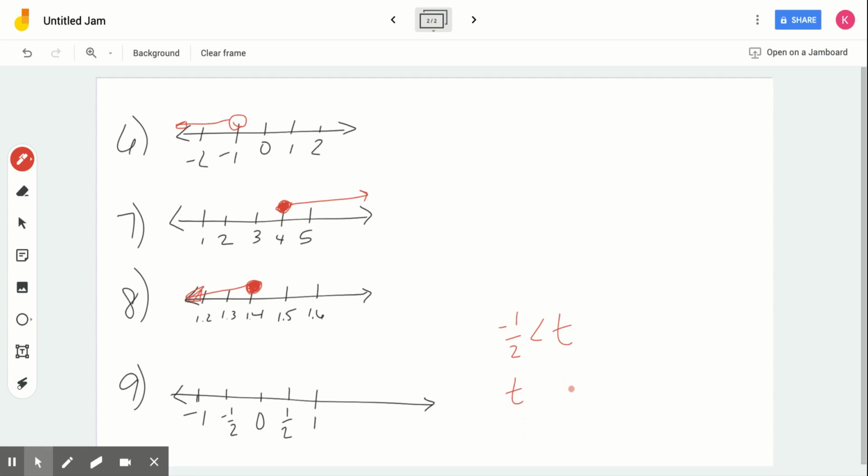So I flip and rewrite this: the t on the left, the number on the right, and the inequality symbol is going to eat the variable, so it needs to keep pointing the same way. So now we see that t is greater than -1/2. Circle on -1/2, shade to the right for greater than.